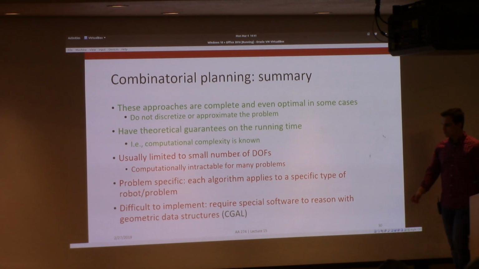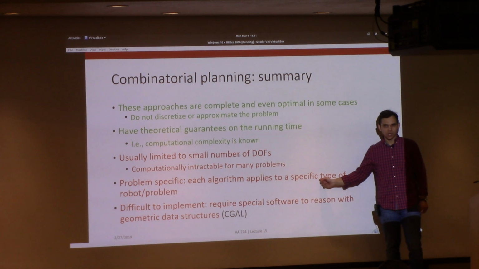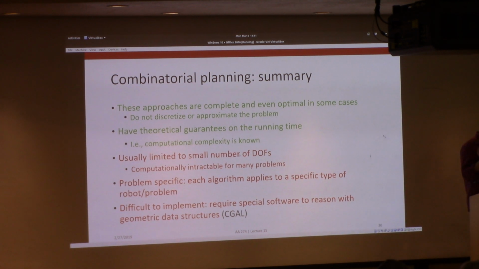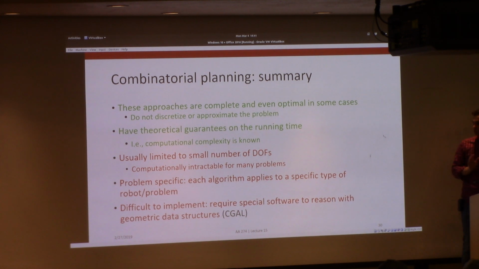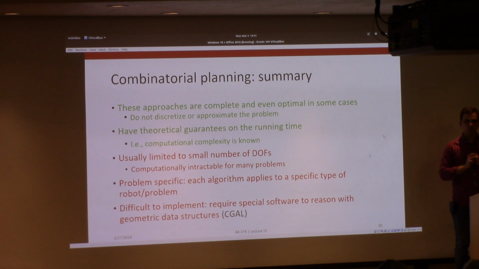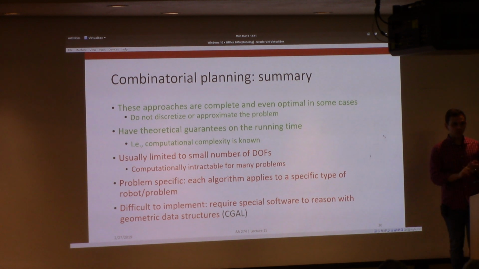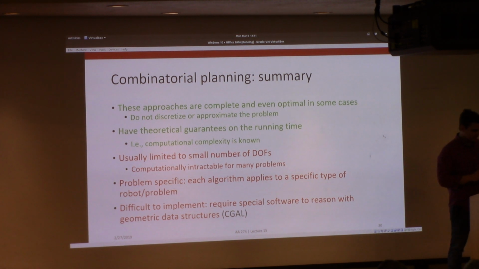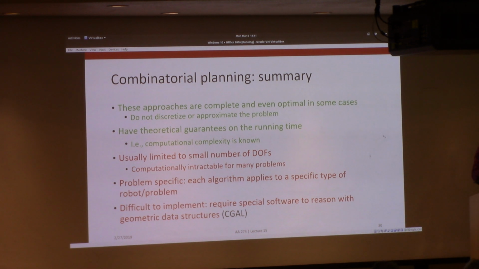Another aspect that is quite challenging when working with those combinatorial algorithms is that each algorithm is basically described for a specific type of robot or a specific problem, okay? And they usually do not extend from one problem to another. For instance, if we have an algorithm that treats the case where our robot is translating in the plane, an algorithm that would solve a similar problem in which the robot is also rotating in the plane would require a slightly different algorithm already.